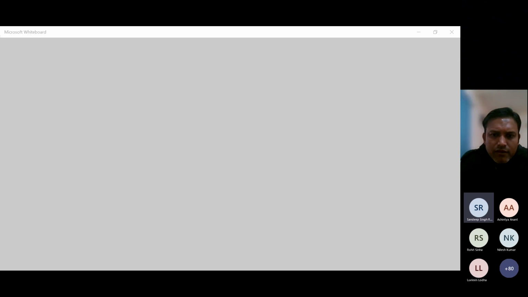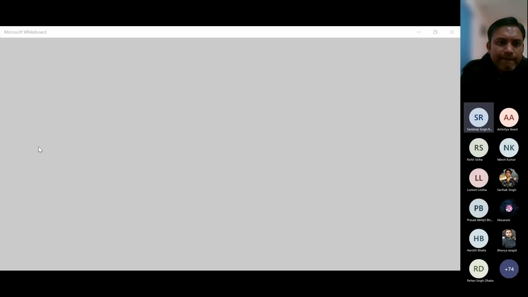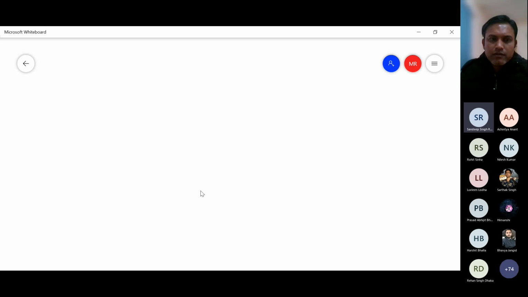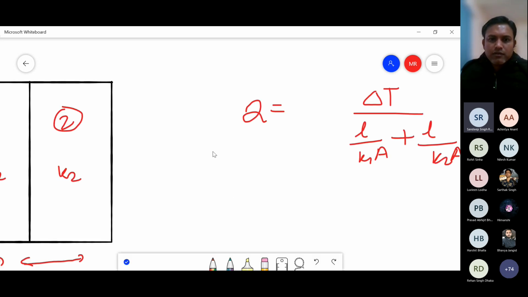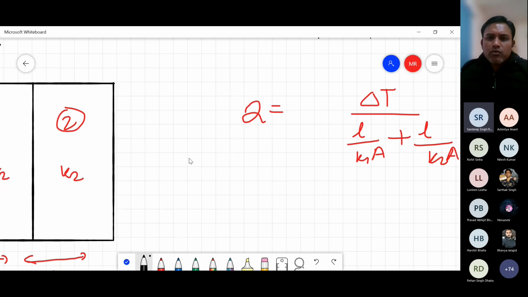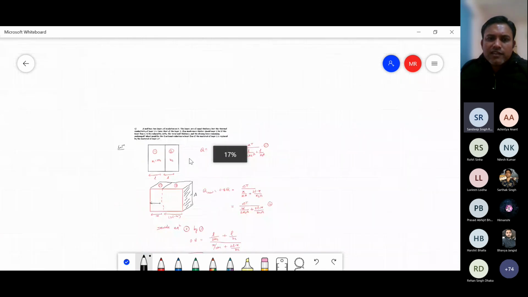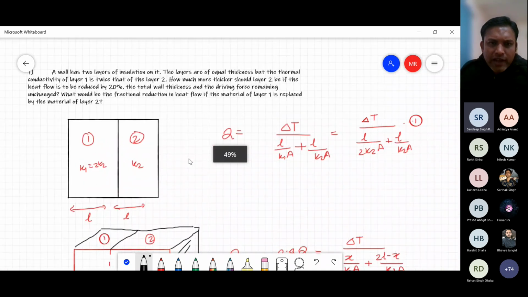So we were at... so is it visible now? This is the same tutorial sheet which we have looked at earlier.